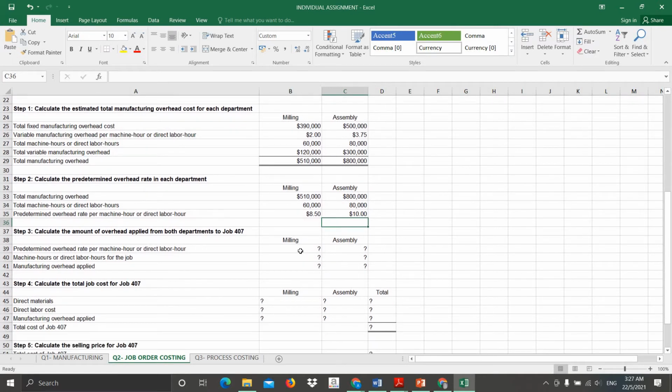So for predetermined overhead rate for milling department, we can get it from here, also with assembly department.